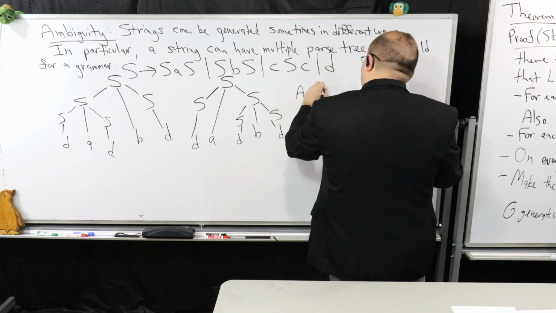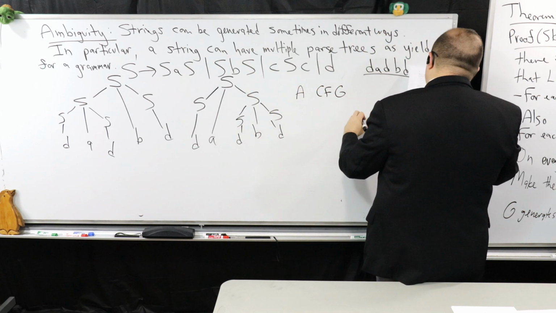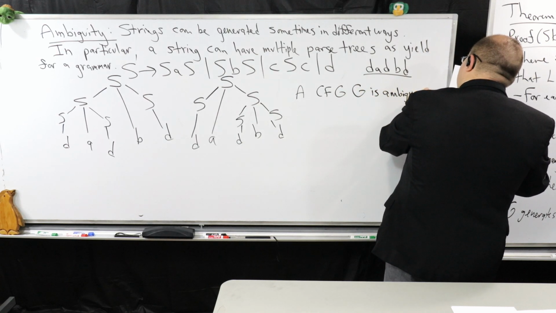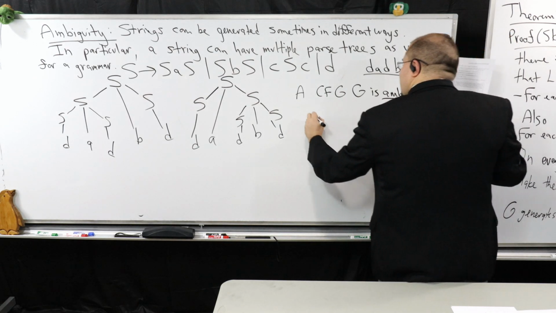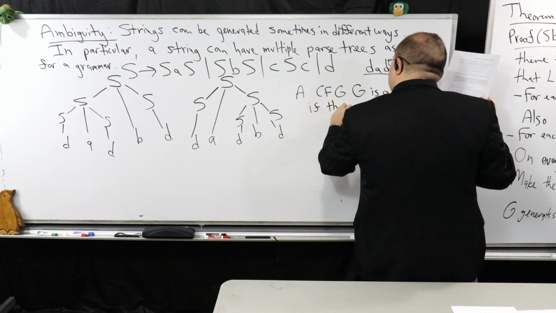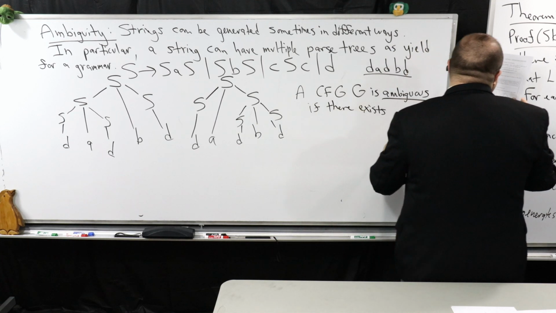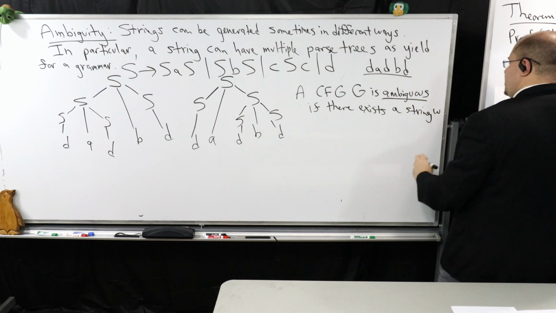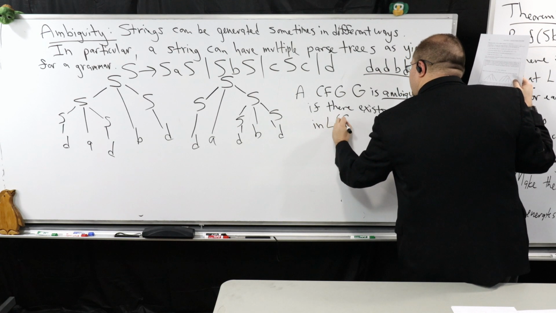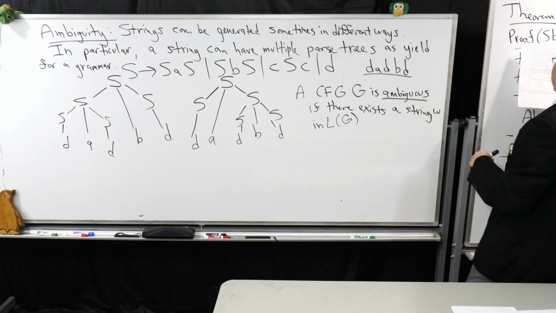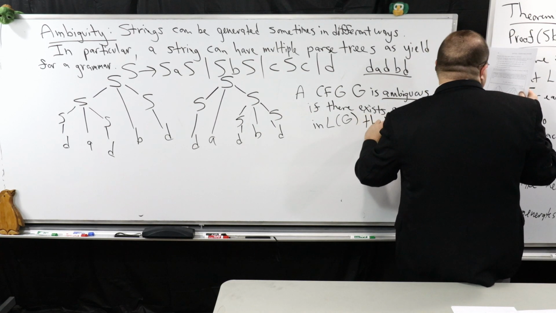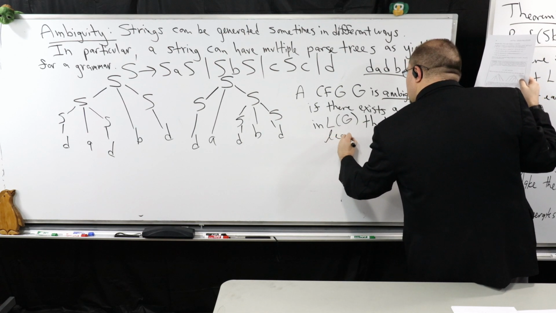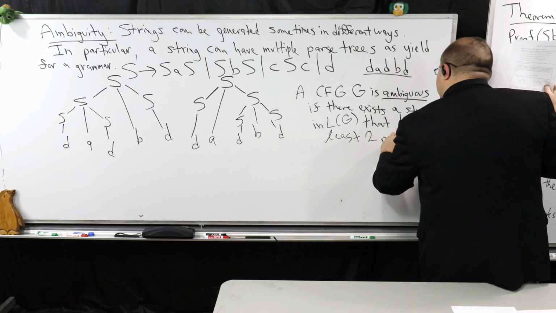So I'm going to define a context-free grammar. A context-free grammar G is ambiguous if there exists a string W in the language of G that has at least two parse trees.